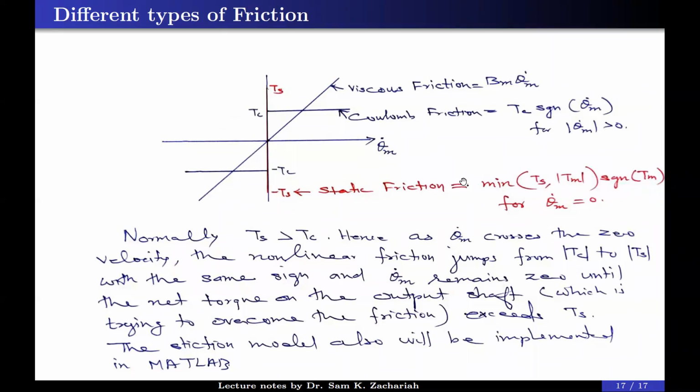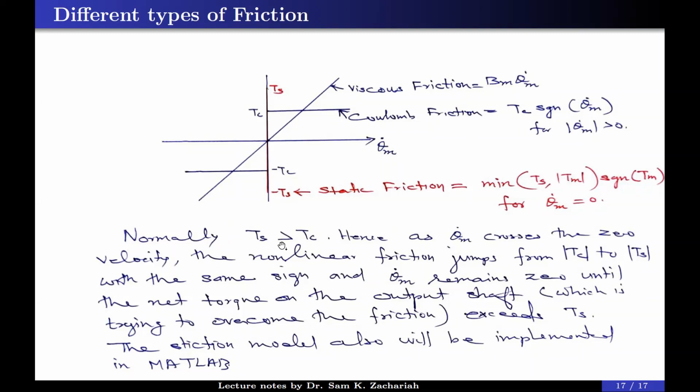This expression is applicable only when the relative velocity is 0, that is theta m dot equals 0. Here you can see it's complementary. Coulomb friction is applicable only when theta m dot is greater than 0, while static friction is applicable only when theta m dot equals 0. So there is definitely a switching logic coming.